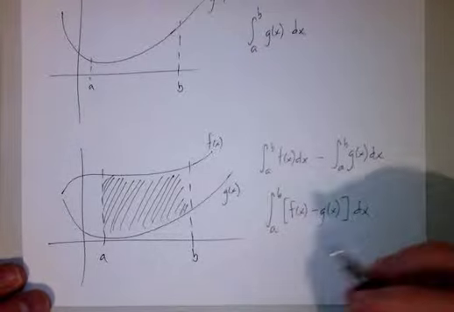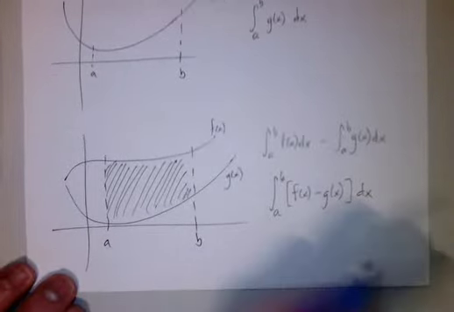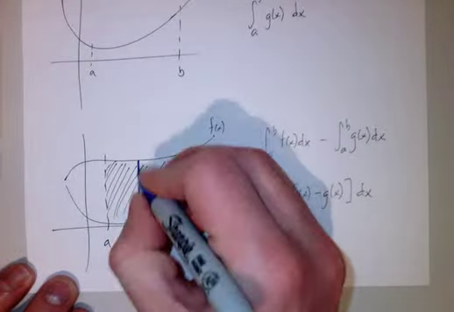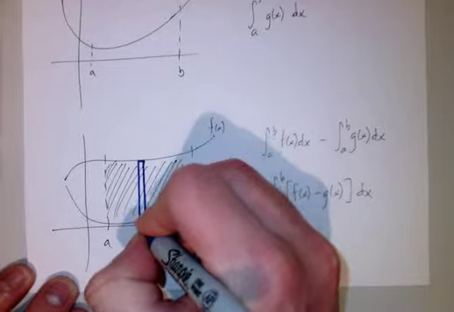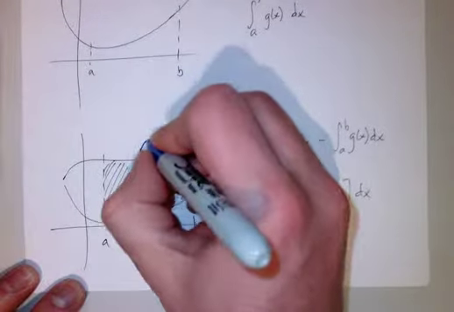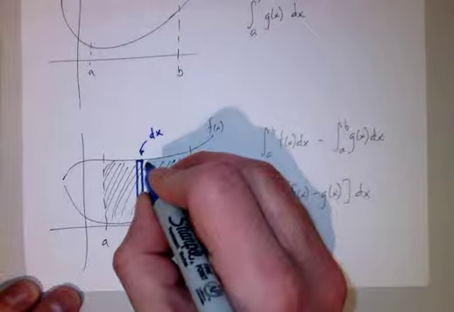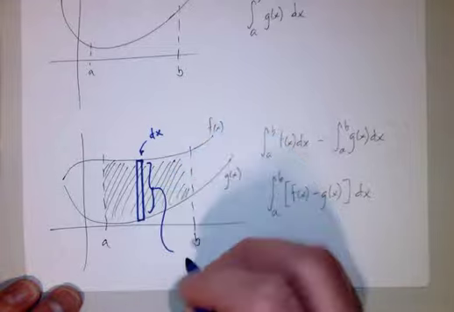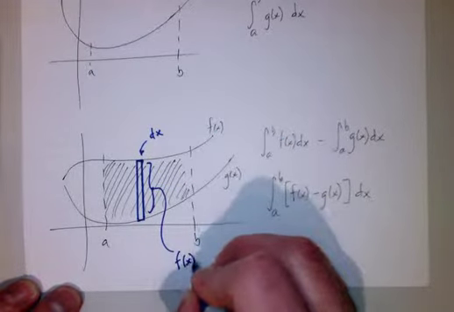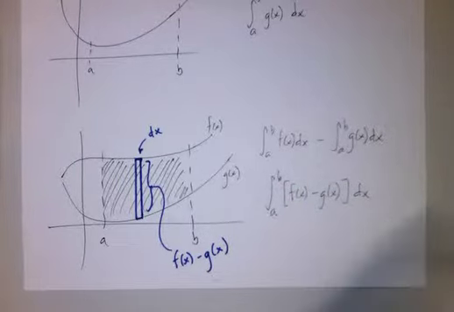Because you have to remember that when you're actually doing this, you're looking for cross sections of a particular width and a particular height. Well, the width right here is dx, or delta x, and your height right here is simply the top, or the more positive, minus the bottom, or the more negative.